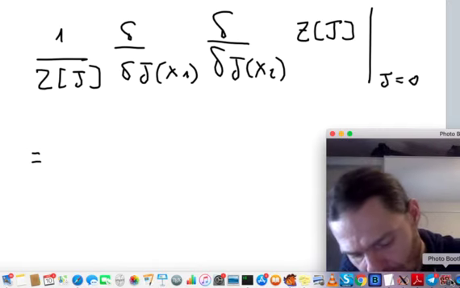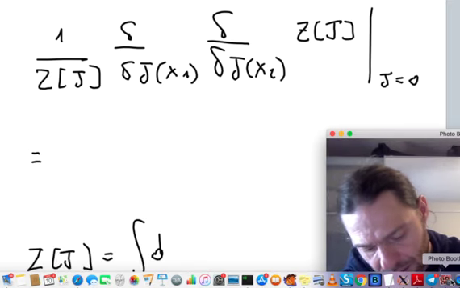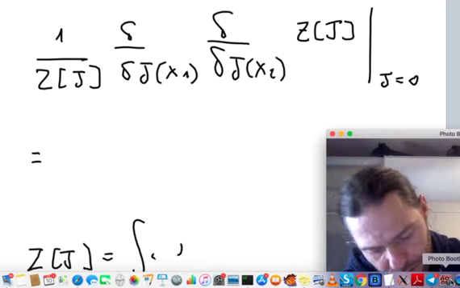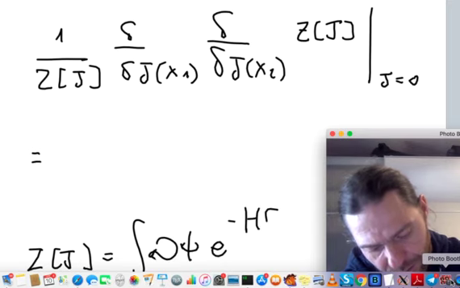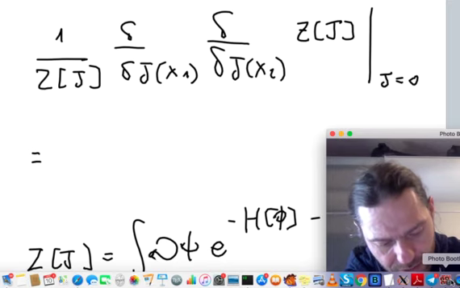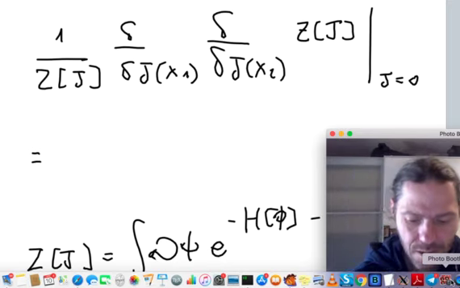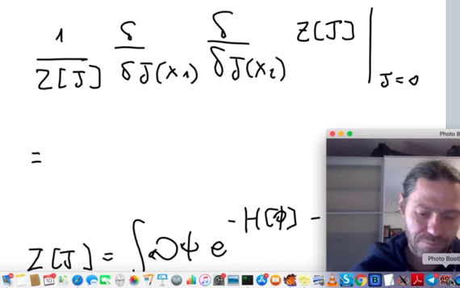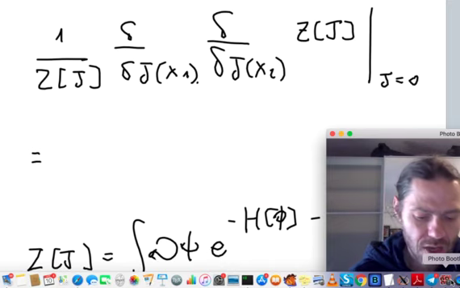Now, since Z of j is in fact an integral of fields with a Hamiltonian and a linear coupling, I want to emphasize the linearity. So typically what you do when you act on this, you leave the exponent unchanged and you drop the functional derivative of this guy.